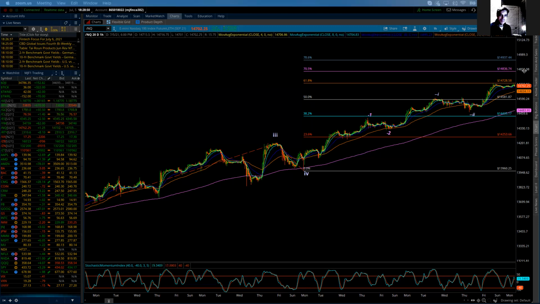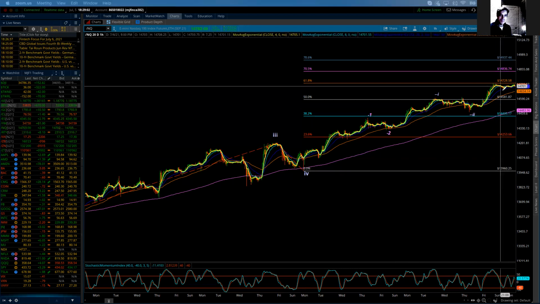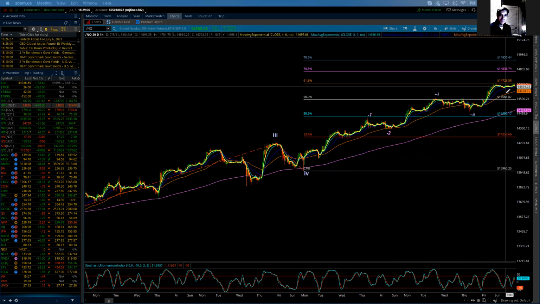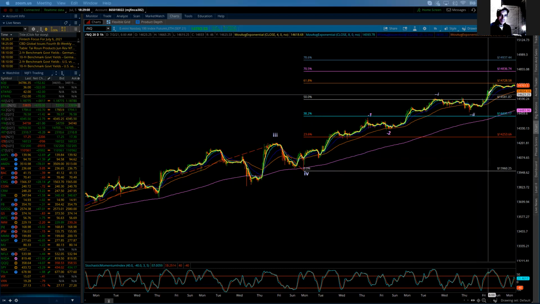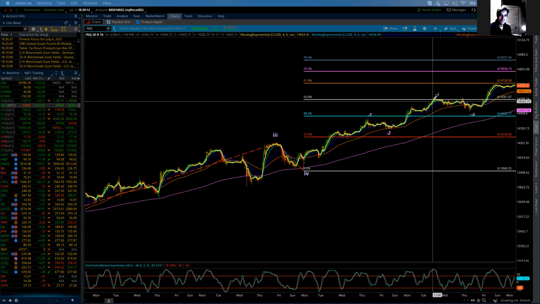Now, what the expectations for that additional upside are going to be, we can make Fibonacci extensions for the balance of this third wave, and where we would expect this 5th to come in. Again, not having the bottom of the 4th, I can't do extensions from the 3rd down to the 4th and relate this 5th wave to 3. So I have to relate the entire 3rd wave to the 1st wave.